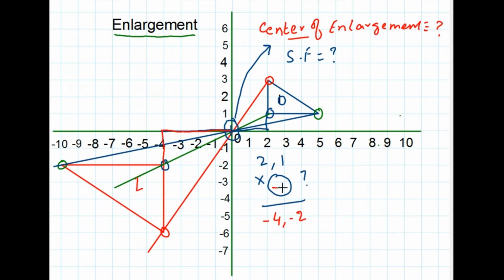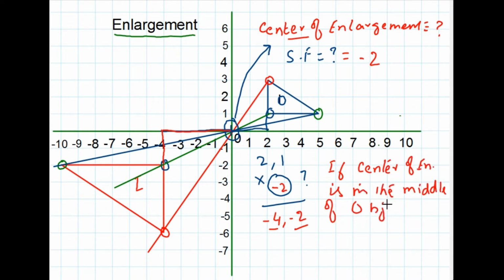When we multiply by -2, we get (-4, -2). So the scale factor is -2. It is noted that when the center of enlargement is in the middle of the object and image, then the scale factor will be negative.